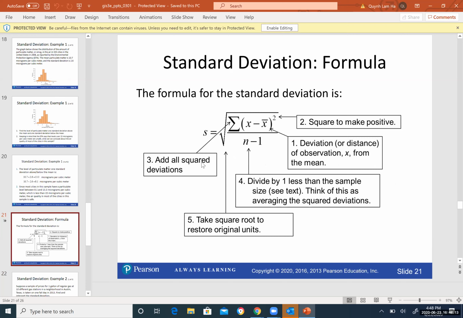Again, this formula is important, but it's very complicated. It's good for a small amount of data, but complicated for a lot of data. It takes a long time to compute by hand. So I recommend that you use StatCrunch or the TI-84. It's very simple.